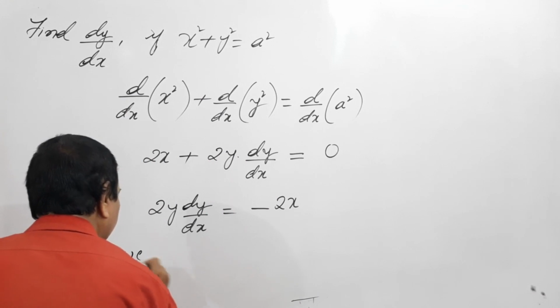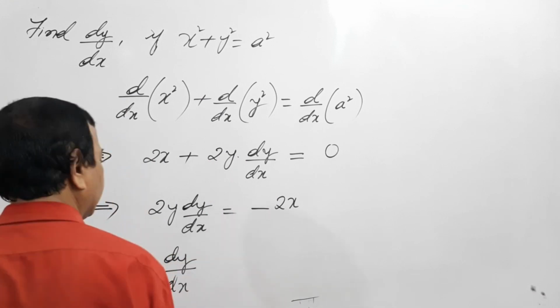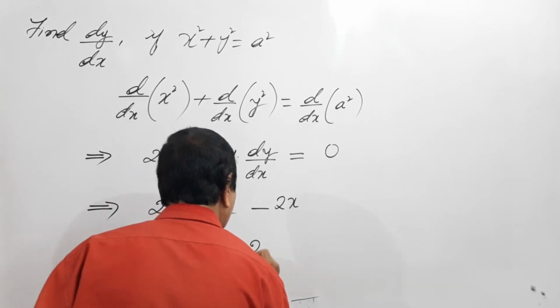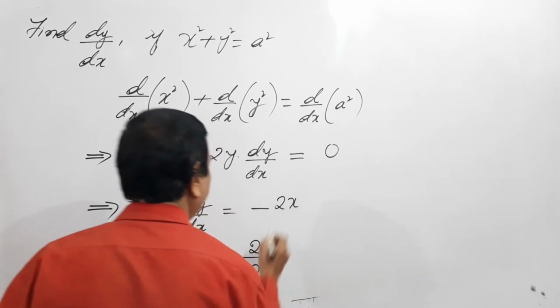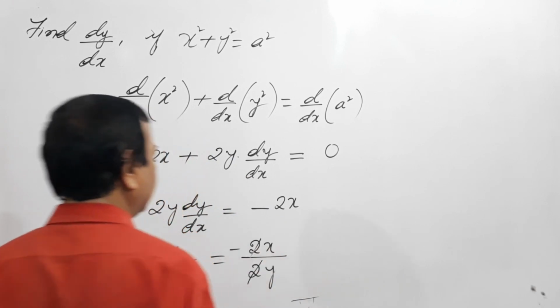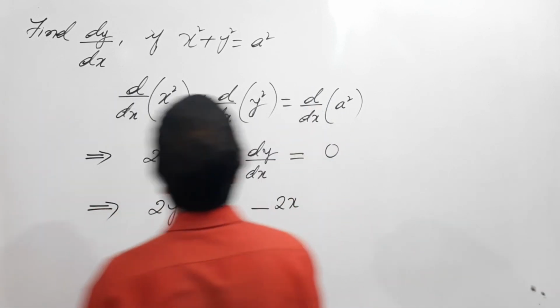So what I do, I have to find out dy by dx. That is dy by dx equals, what? That is minus 2x by 2y. We have a minus value. Here the 2 cancels, we are left with minus x by y.